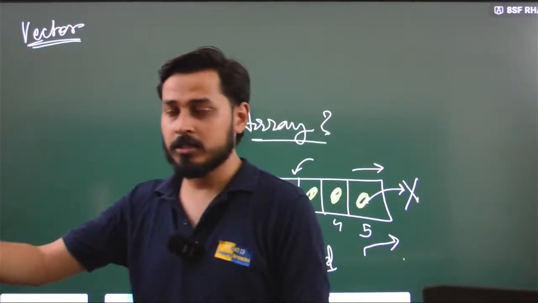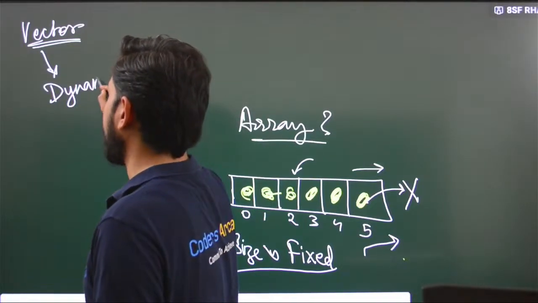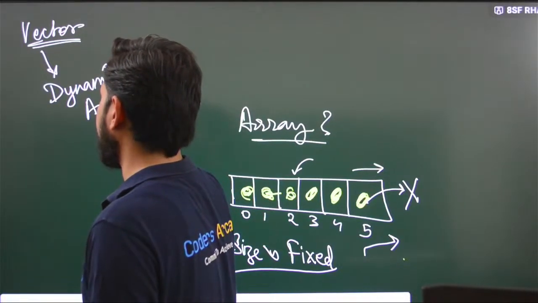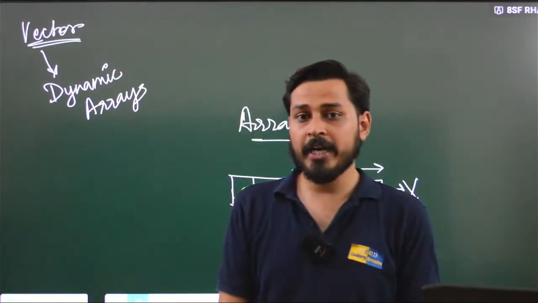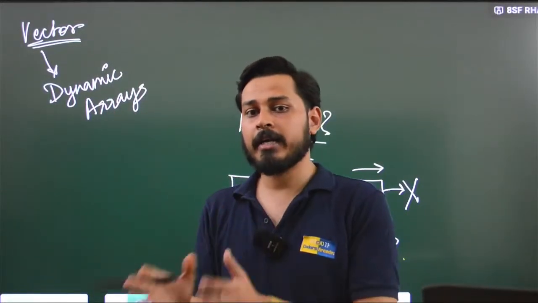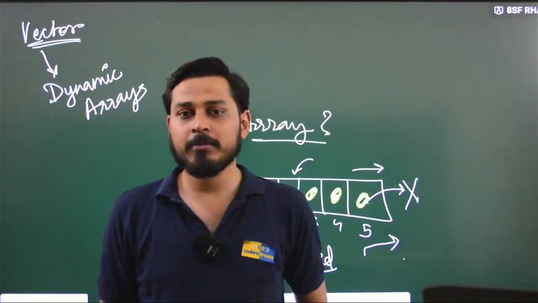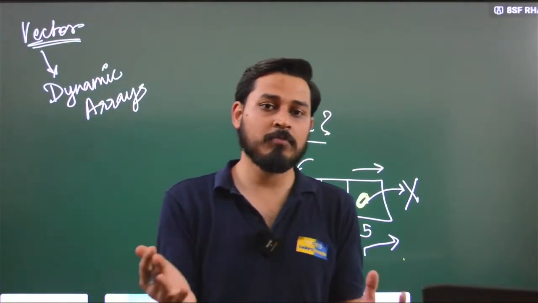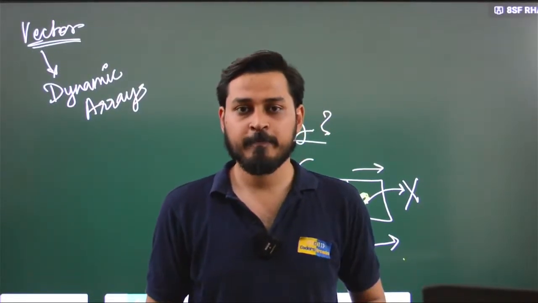What are vectors? Vectors are also arrays, but those are dynamic arrays. Vectors are dynamic arrays. What do you understand by the word dynamic? Dynamic means something which automatically changes according to the requirement.